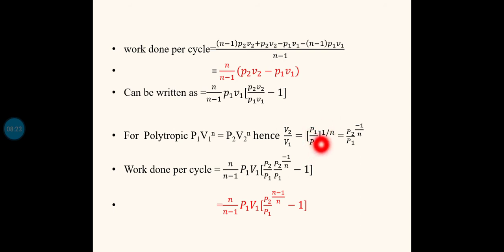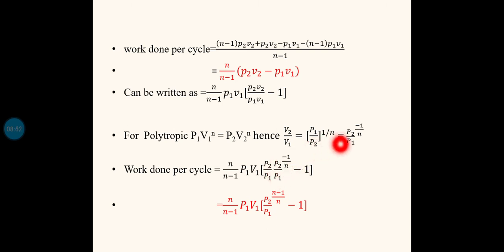So work done per cycle becomes n by n minus 1 P1 V1, this is here, P2 by P1, this term is here, but instead of V2 by V1 I am substituting P2 by P1 raised to minus 1 by n. Why I am taking this P2 by P1 is, here I am having the P2 by P1 term, so if it is in the same fashion P2 by P1, then it is easy to simplify.